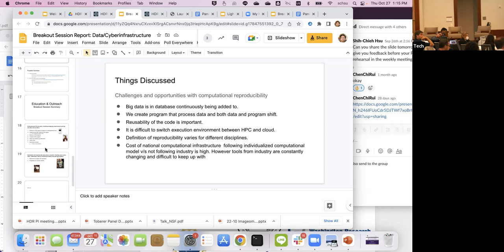For example, in the machine learning challenge, there's a clear timeline, and Phil is volunteering to work on the coordination, and there will be a general call to the whole HDR community, whoever would like to participate in the ML challenge in terms of providing resources or ideas for a challenge. So this event will come up.